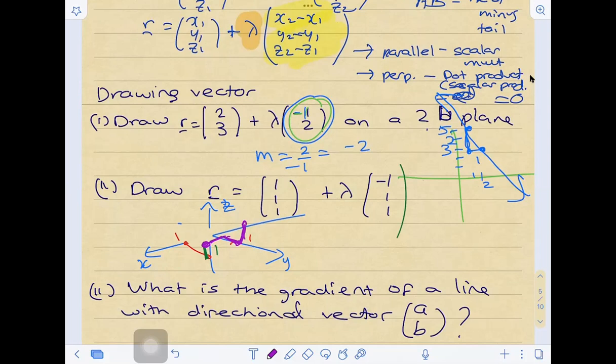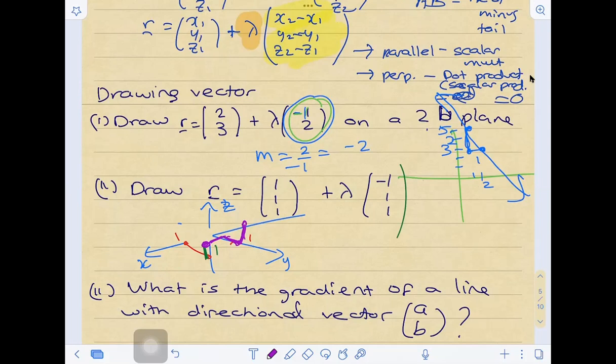So for PQ, do head minus tail: 1 minus 0, 2 minus 5, and 4 minus 5. We end up with (1, 3, -1).